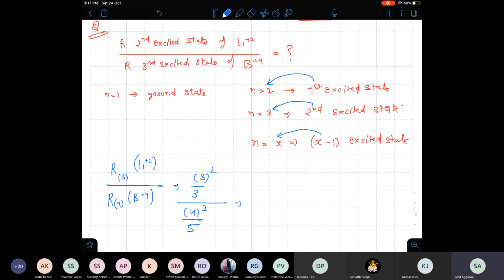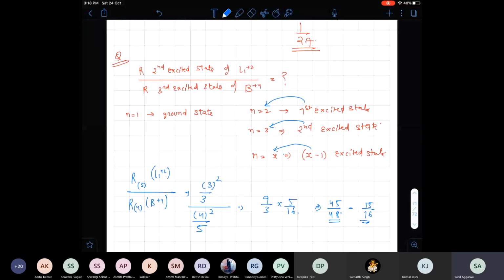So it will be 9 by 3 into 5 by 16. 45 by 48. Meaning 15 by 16 should come.